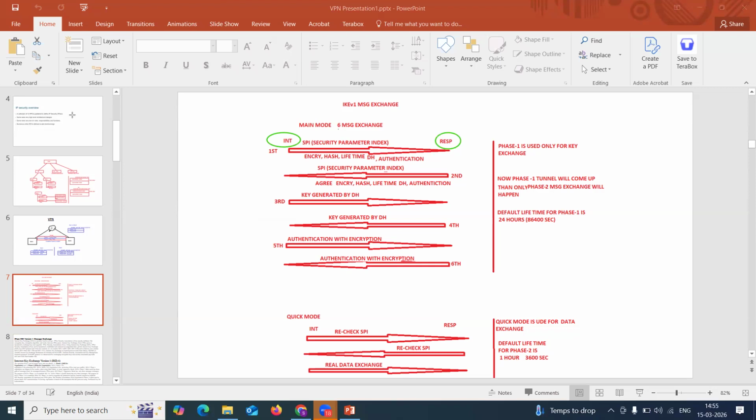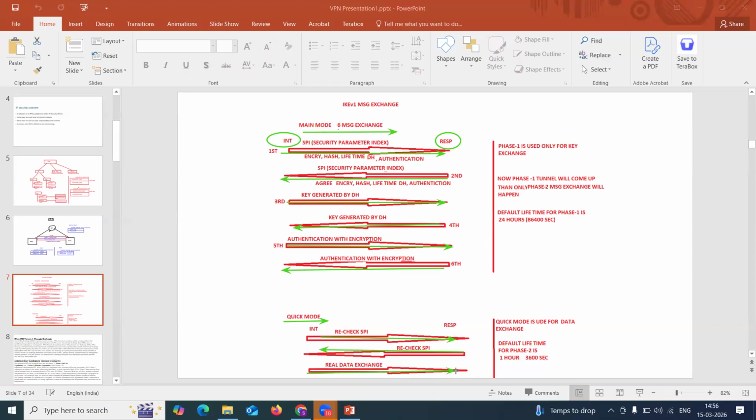From one router I'll send a first message, a request, and I'll get a reply. Again I'll send a request and get a reply, and again. So a total of six message exchanges will be there, and then phase one main mode will be established. Same way, in quick mode we'll have three message exchanges, and quick mode will be established.